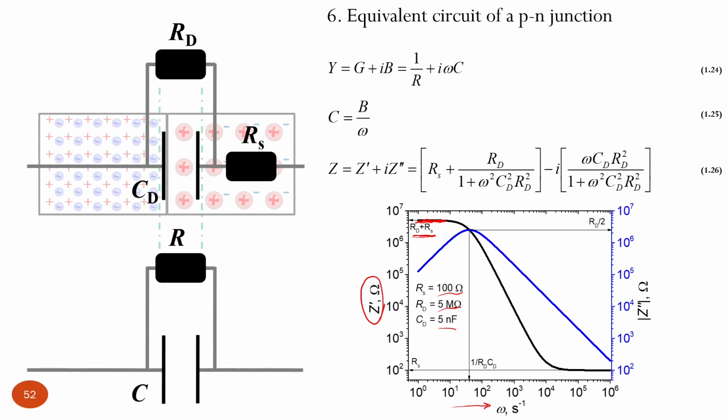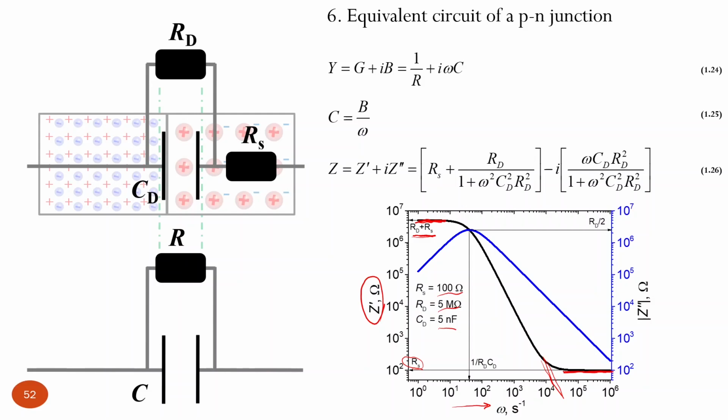However, as we increase frequency and go to the high frequency region, we get this second saturation regime. And here it will give us only series resistance. So without series resistance, it would just continue going down like this. But with series resistance, it saturates, and from this plot we can actually already determine the two resistors, series and depletion layer resistors.